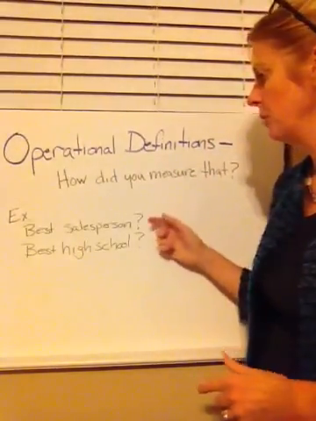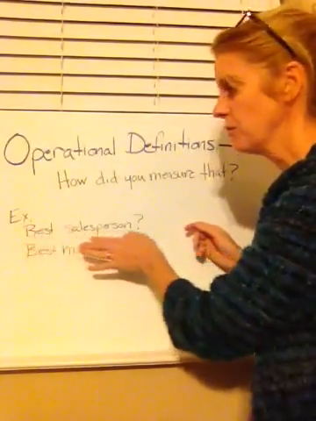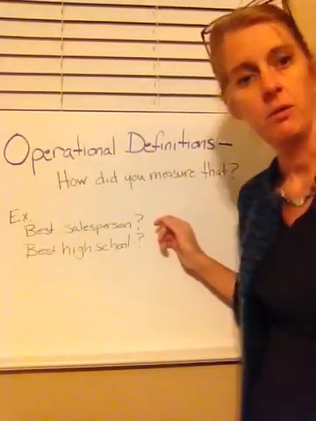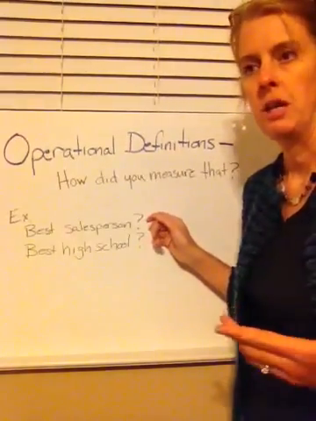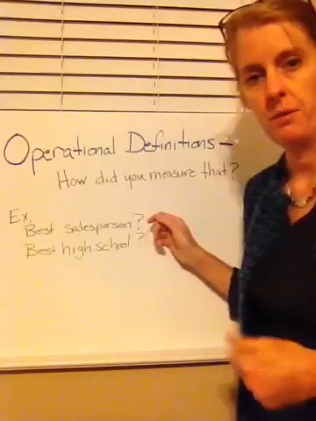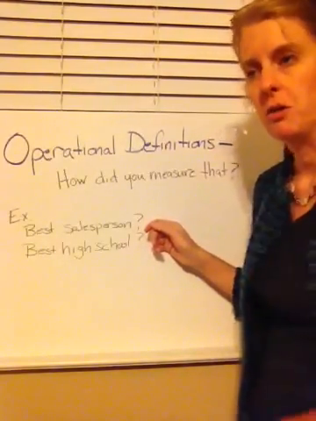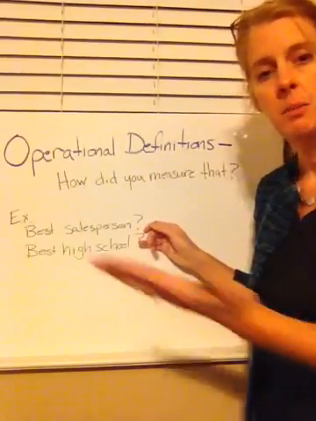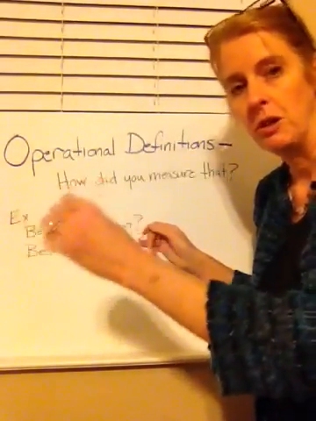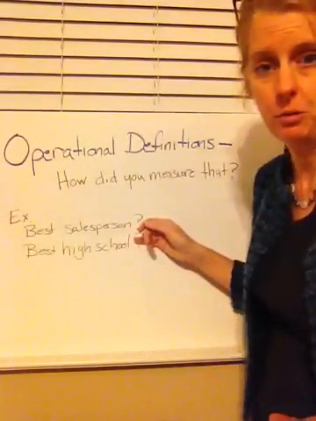So if we do some examples, what's an operational definition of best salesperson? Well, there's a number of ways I could measure that, right? I could say the person who has the most number of sales in a month. Or I could say not number of sales, but the dollar amount. So maybe Joe sold 5 things and Barb sold 10, but Joe's sales total in money spent was higher, so he's the best salesperson.